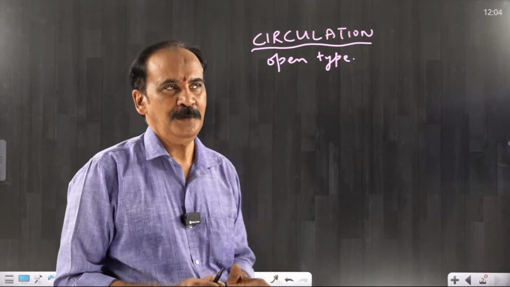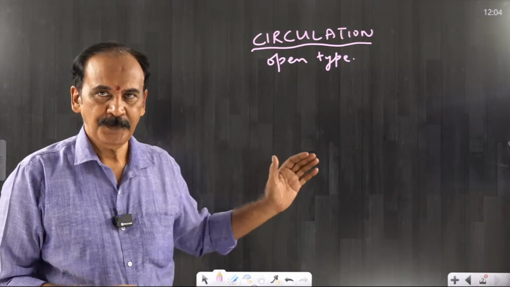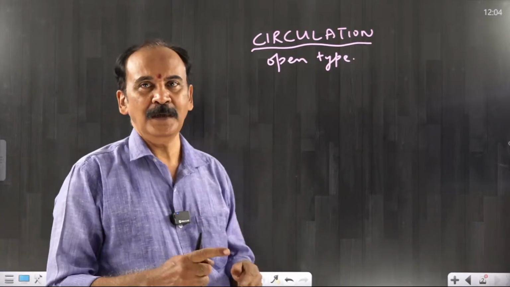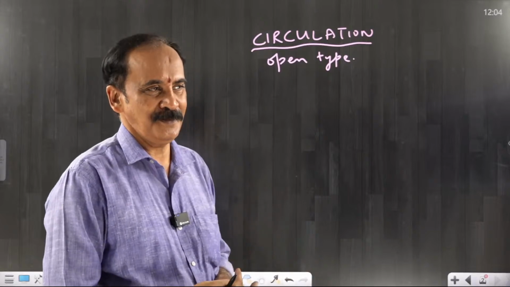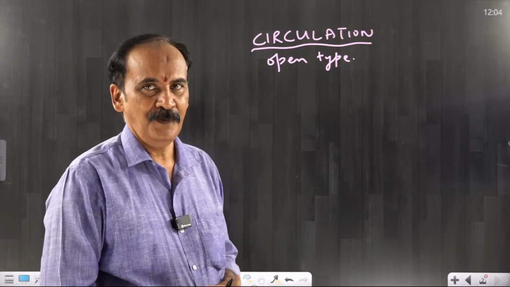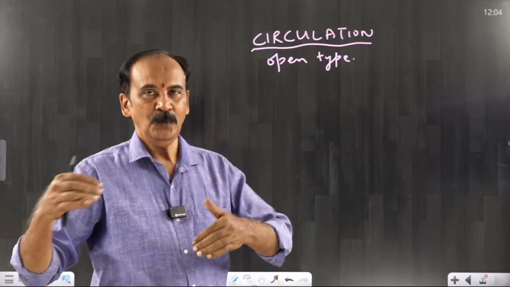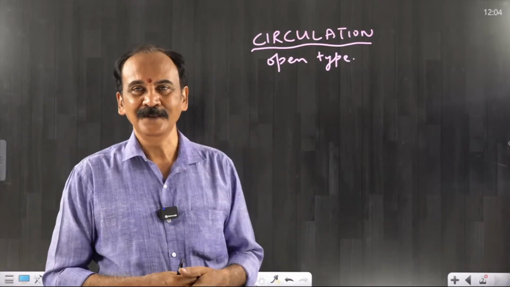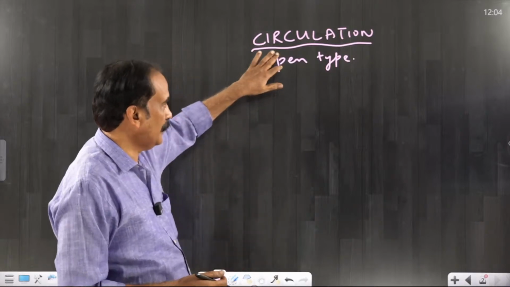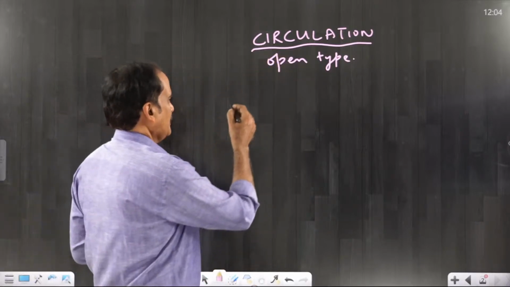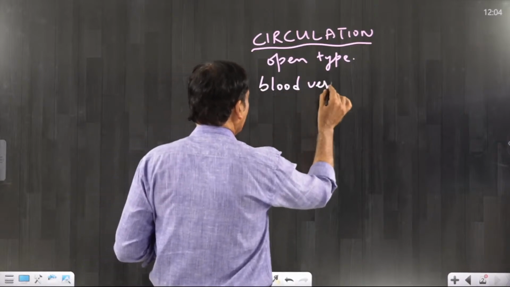Not absence of blood vessels. Blood vessels may be present. In open type of circulation, blood vessels may be present, but blood should come out into the cavities or sinuses. Okay, blood should come out of the blood vessels into the open spaces called sinuses. Then it is said to be open type. So, blood vessels are present. In case of cockroach, we say blood vessels are poorly developed.